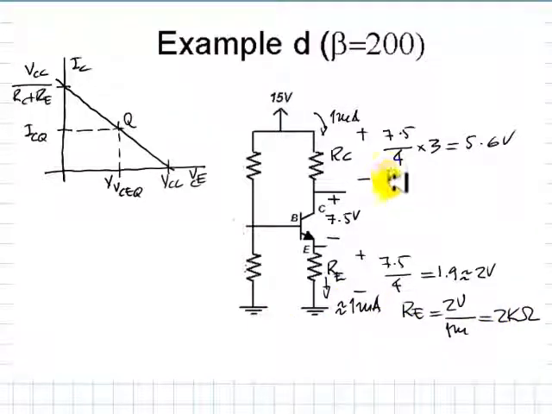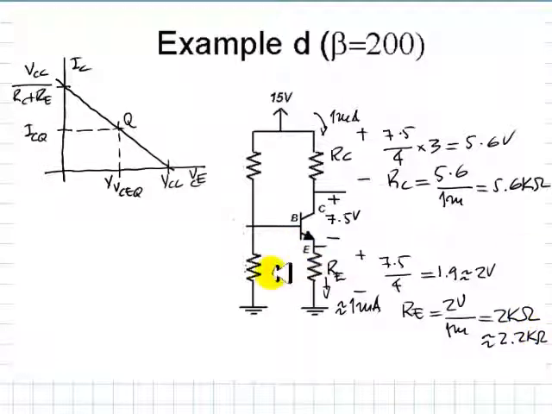And for RC, we do the same computation, 5.6 volts divided by the chosen 1 milliamp current, that is 5.6 kilo ohms. And then we go to the closest commercial values for those. For this one would be 2.2 kilo ohms. And now that we've done that, we want to compute what are the values for R1 and R2.